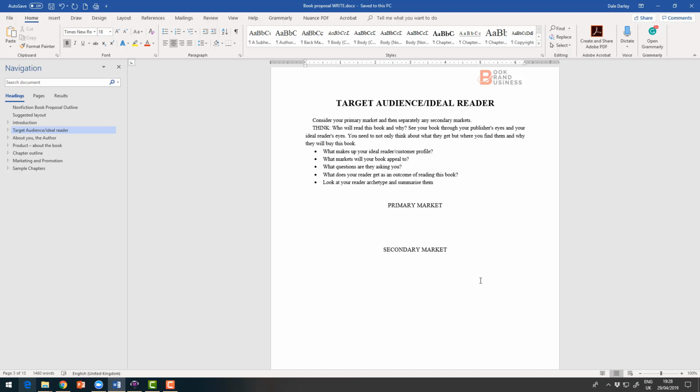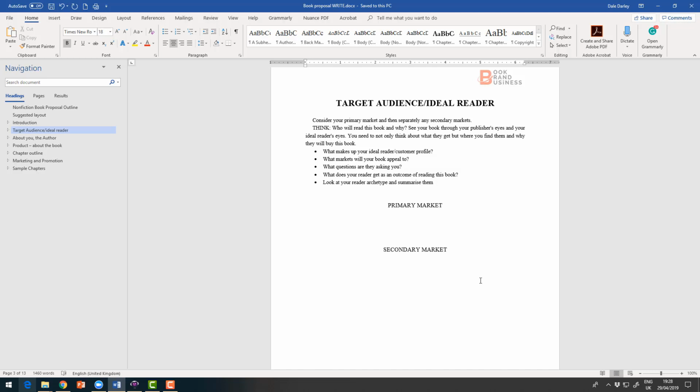So this is about putting together that ideal reader profile where you've looked at demographics, you've looked at behavior, you've looked at all kinds of reasons why this person, because when you write a book, you're writing a book to one person, you're making an emotional connection with one person. So why this person? What kind of questions is your ideal reader asking you?